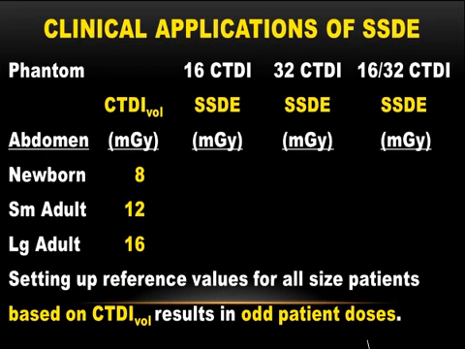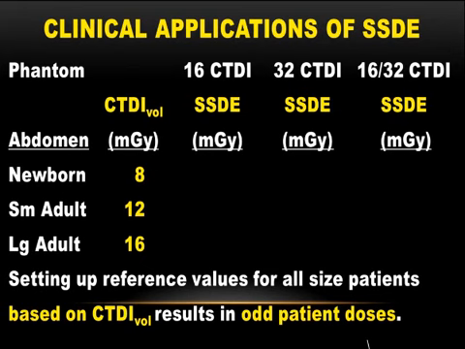And when I'm talking about large adult here, I'm talking about someone that's maybe 250 pounds or bigger, because just as we had large errors in patient doses for the smallest patients, we've got large errors in patient doses for the largest patients. We are not delivering as much dose to the largest patients as we probably think we are, because we've never done the calculations. And again, the overlying tissues shield the inner tissues on the very large patients.